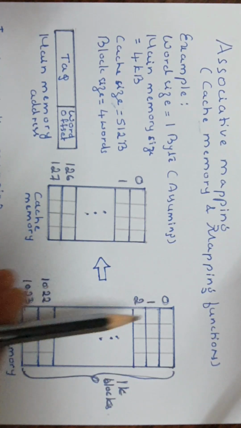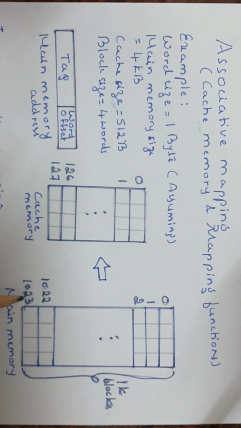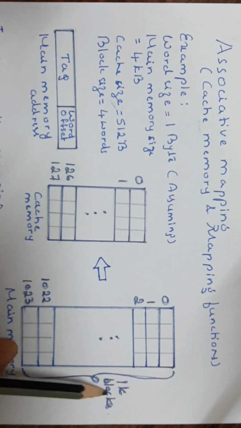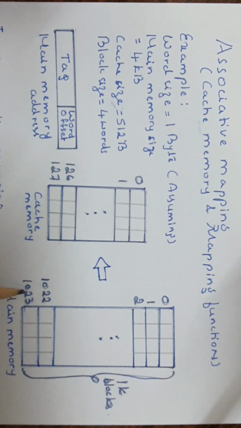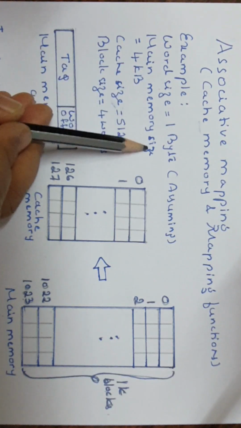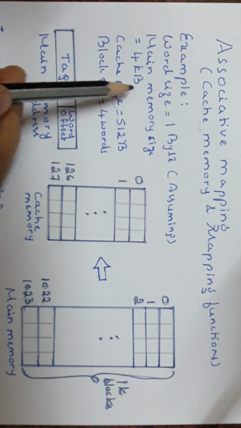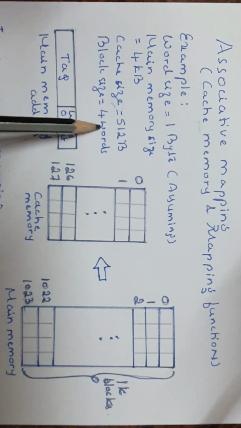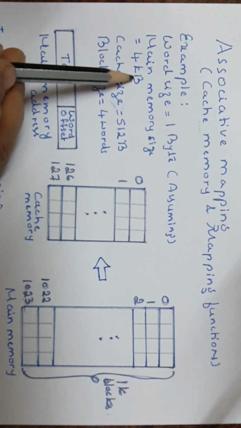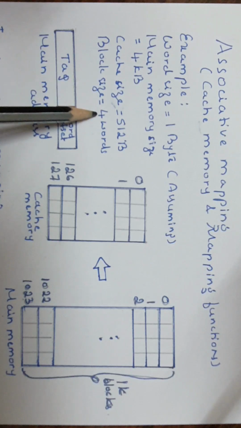Block 0 to block 1023 means totally 1024 blocks are there in main memory, that is taken as 1K blocks here. Why are 1024 blocks drawn here? Because the main memory size is 4 KB and the block size is 4 bytes.